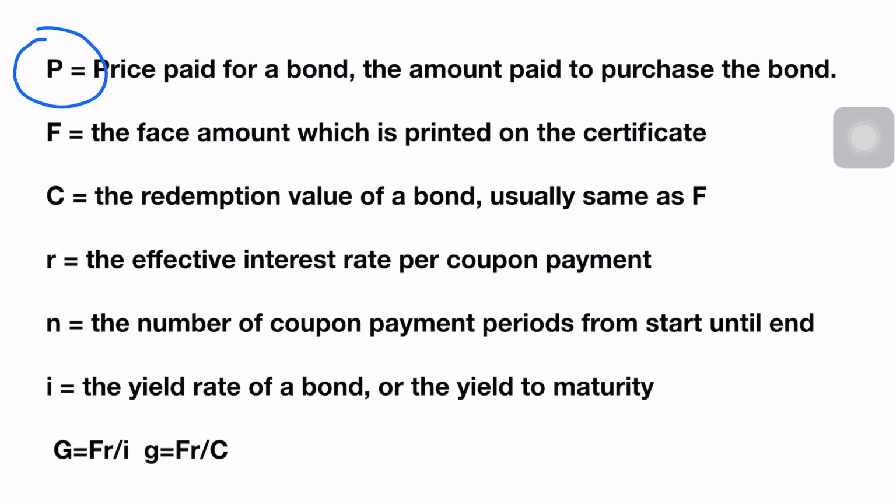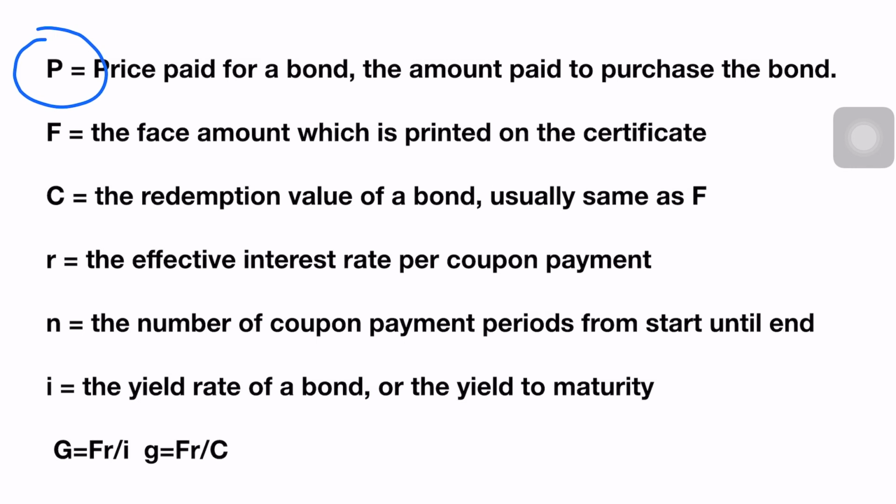And then the next one is R. It is the effective interest rate per coupon payment. It is used to calculate the coupon payment. When we buy the bond, we will not only get the par value, we will also get coupon payments, maybe every half a year or maybe once a year.